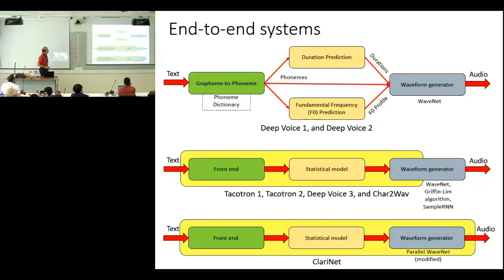You see that the Tacotron actually contains the front end, the statistical model, and some part of the vocoder, while the rest of the vocoder can be WaveNet, or the Griffin-Lim algorithm, or some RNN, or any other neural vocoder, or any other vocoder that converts this speech representation that is produced by the Tacotron to waveform. And ClariNet has this pipeline. From text, it gives directly audio.